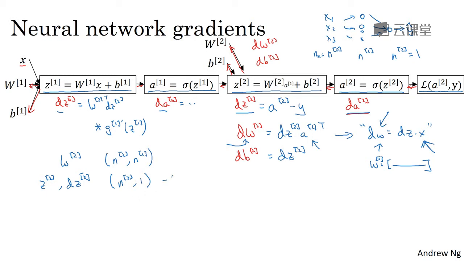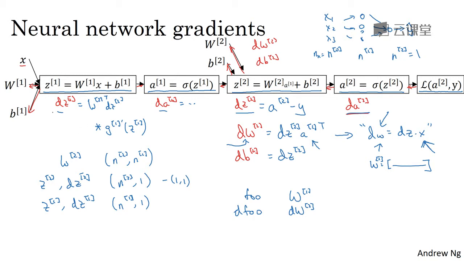It's really going to be 1 by 1 when we're doing binary classification. And z1, and therefore also dz1, are going to be n1 by 1 dimensional. Note that any variable foo and dfoo always have the same dimension. So that's why W and dW always have the same dimension, and similarly for b and db, z and dz, and so on.